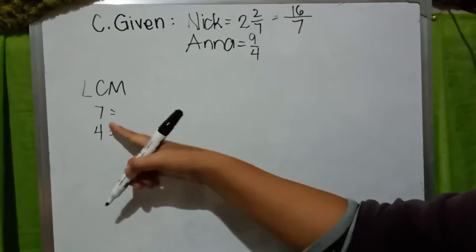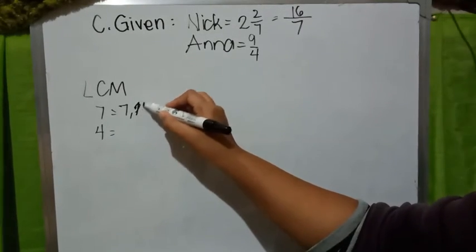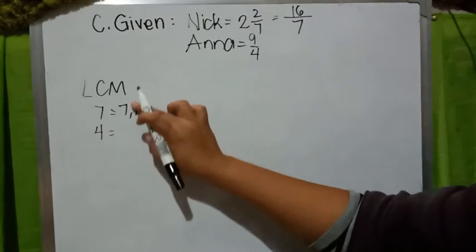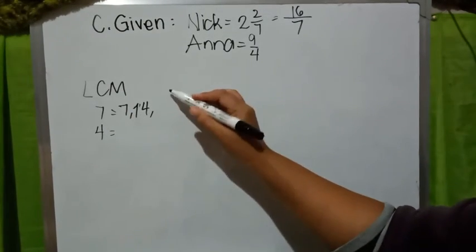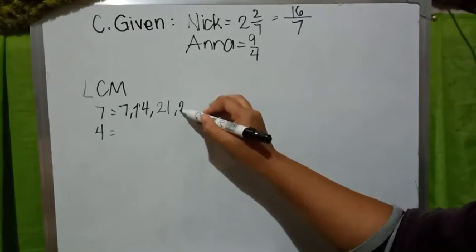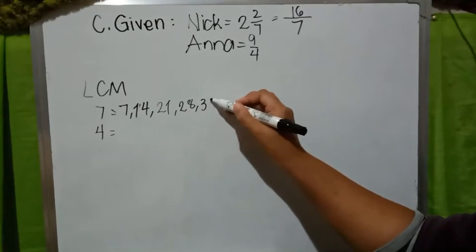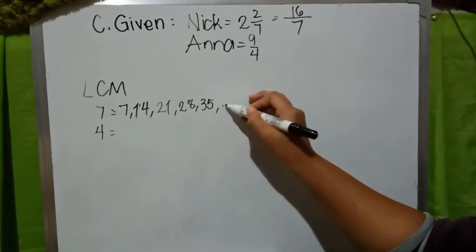So let's start with 7. 7, 14, 21, 28, 35, and so on.